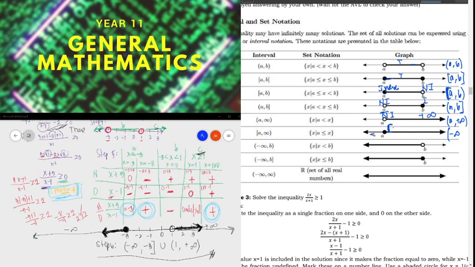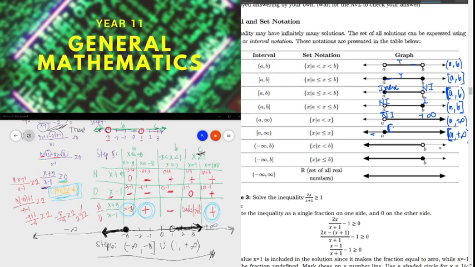I thought it was a dark line, so never mind, that is not a dark line. So we have this as a to positive infinity. See the difference between the two. A is not included here, that's why we have parentheses. A is included in this one, so that's why we have this bracket.